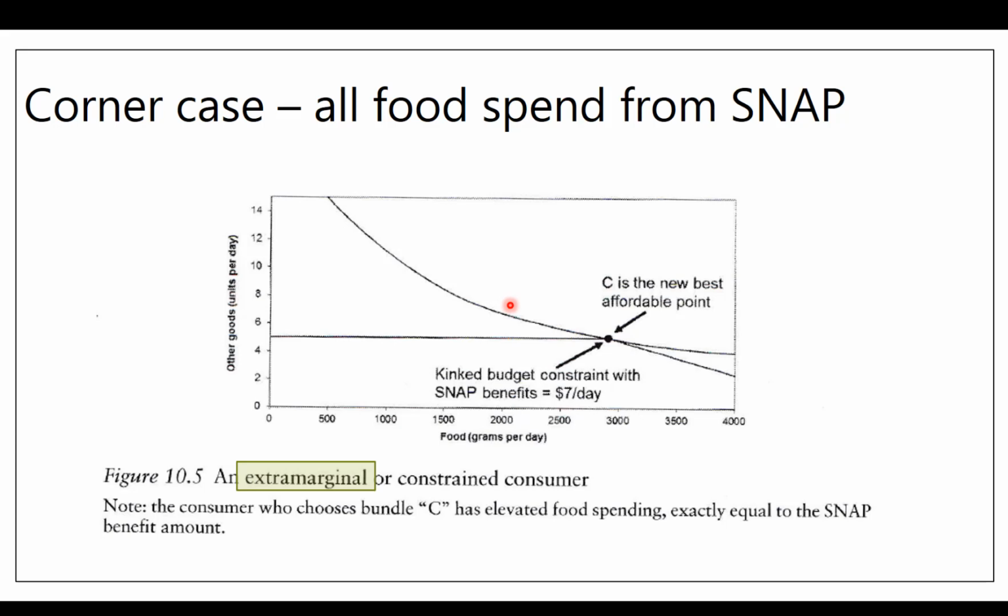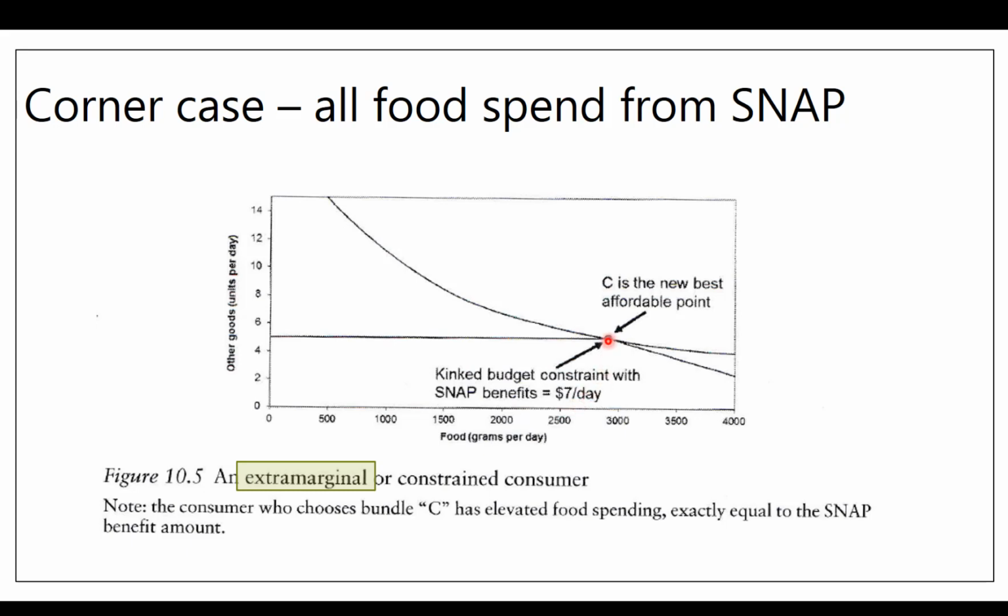The second case is extra marginal, and it's the one that economists are concerned about. It happens when a household has very little income and the SNAP benefit is a big part of it. So, a SNAP benefit of $7 per day and the household's only contributing a small piece.